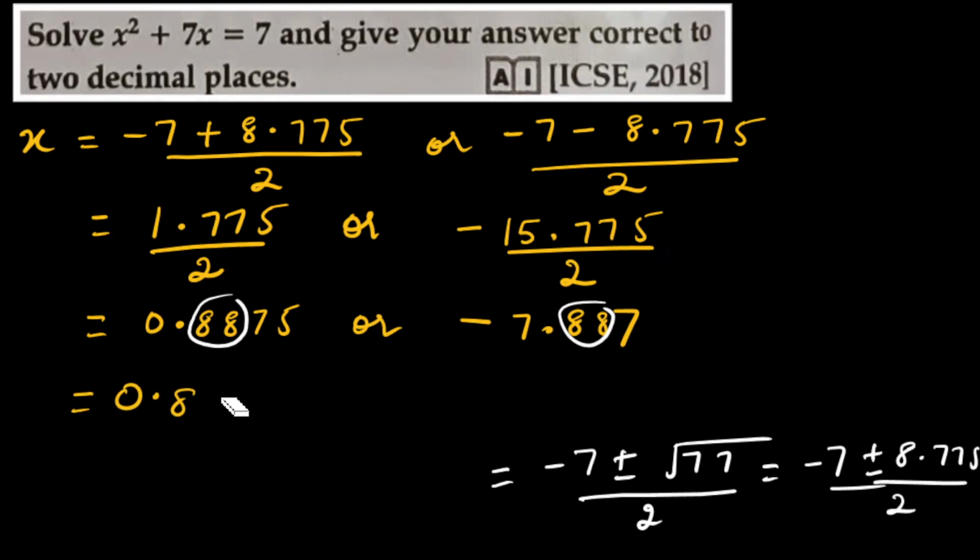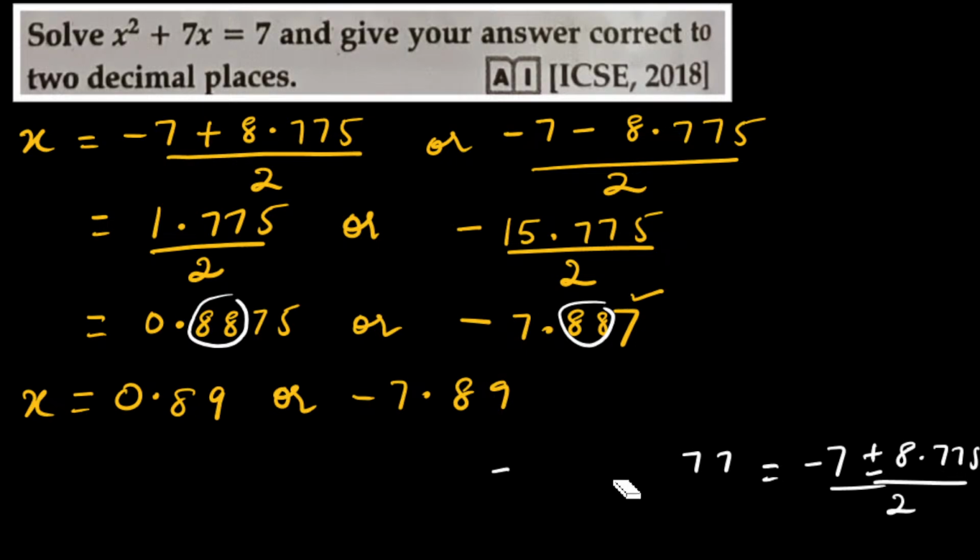After 8 we have 7, and 7 is greater than 5, so this will become 0.89, and here minus 7.89, because after 8 there is 7, which is greater than 5. So 0.89 or minus 7.89, up to two decimal places. Just check, are you all getting the same answer?